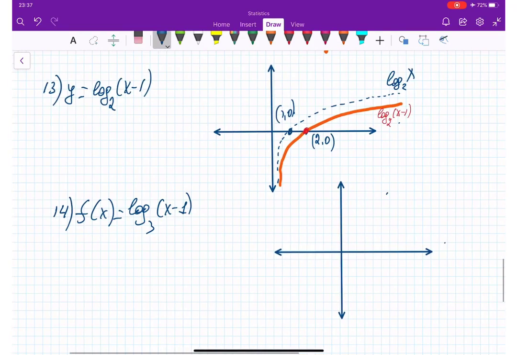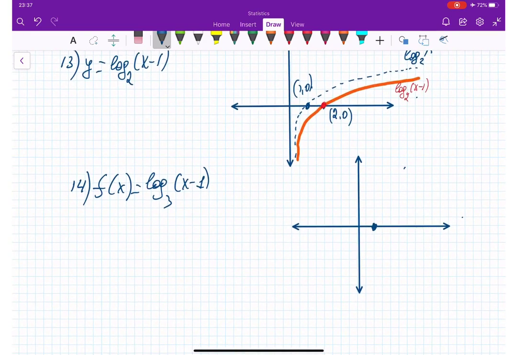All right. So logarithm x by base 3. Let me build it by points. So we are taking 1, which is going to be 0. We are taking 3, it's going to be 1. We are taking 1/3, it's going to be -1. Yes?